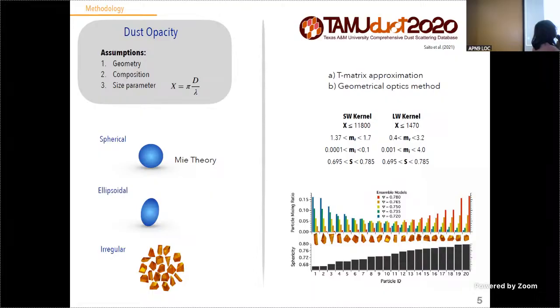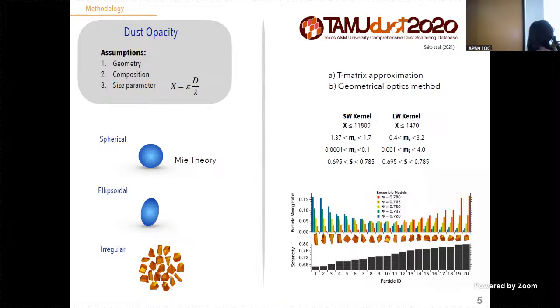This size parameter is telling us how we can estimate the interaction of the particle with the light that is coming to the particle. So this is an important parameter.